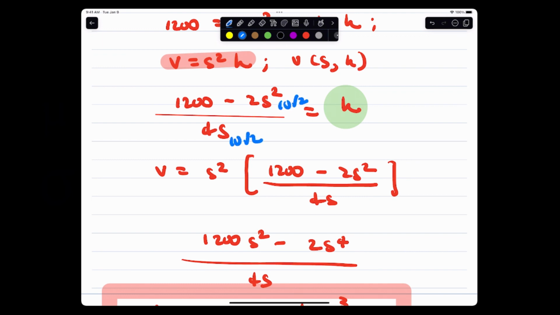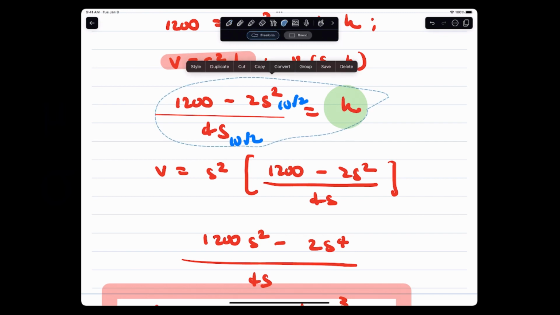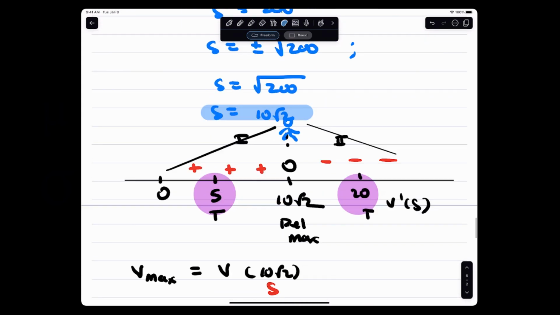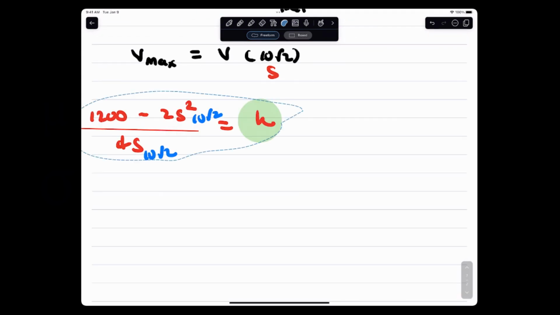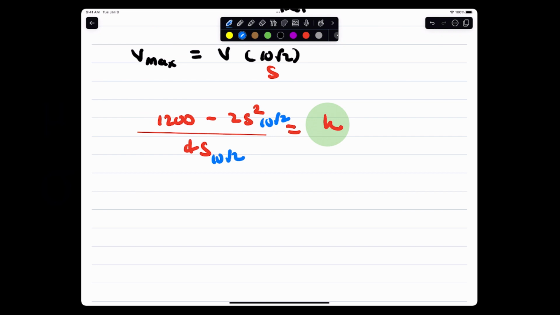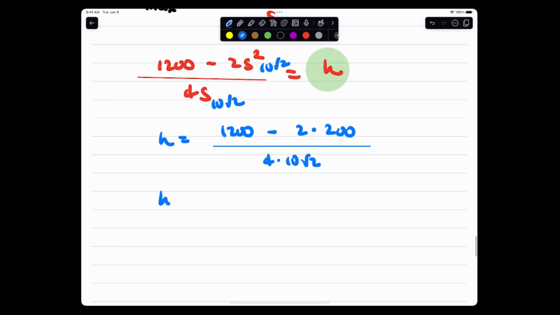And isn't S squared, 10 square root of 2 squared, 200? I think that's 200, right? So let's see what the height has to be of this box. You're maximizing the dimensions. So the height of that box, 1200 minus 2 times, I believe that's really 200, over 4 times 10 square root of 2. 1200 minus 400 over 40 square root of 2.